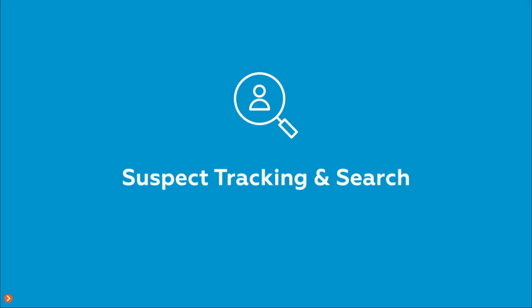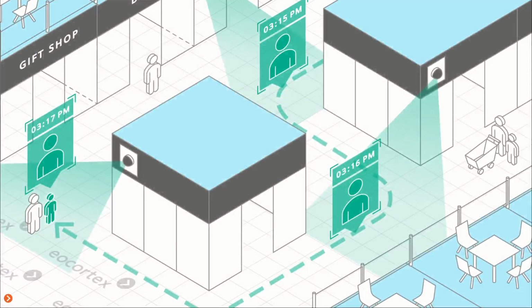So this intelligent module is called Suspect Tracking and Search. It actually includes several functions within it, and I'm going to give you a demonstration of what you can do with our video analytics module. This illustration basically shows you one of the applications of this module.